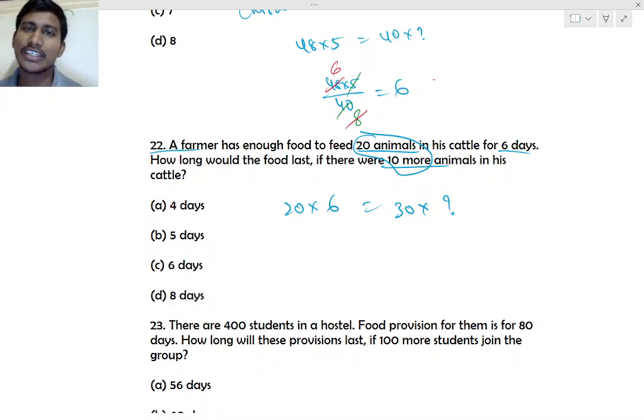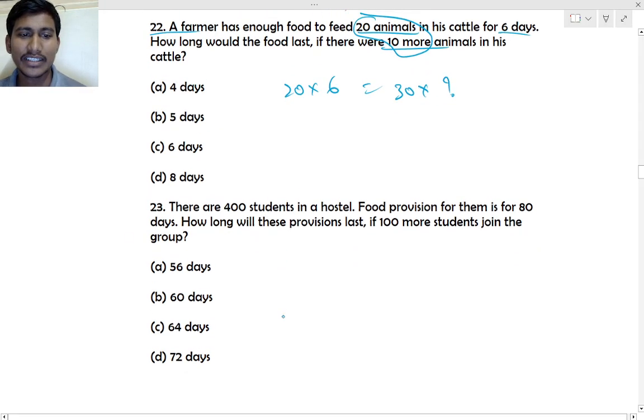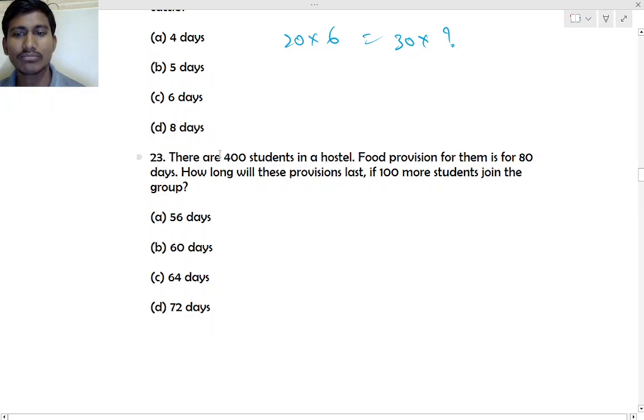If you divide 120 by 30, you will get 4 days. Do it as homework. Next, 100 more students means 400 were there, 500 total. You have to do it like that.